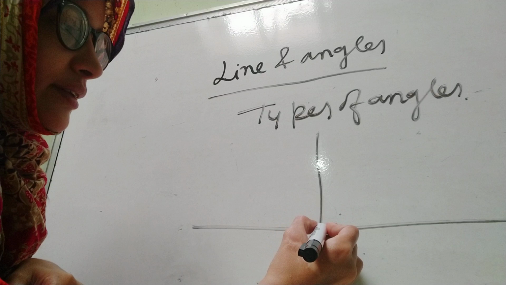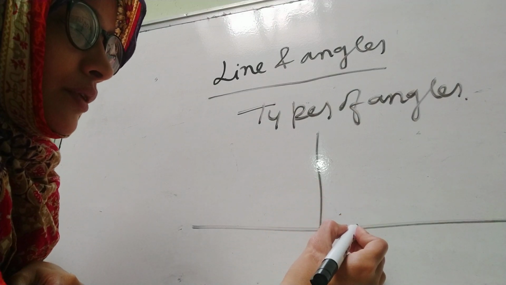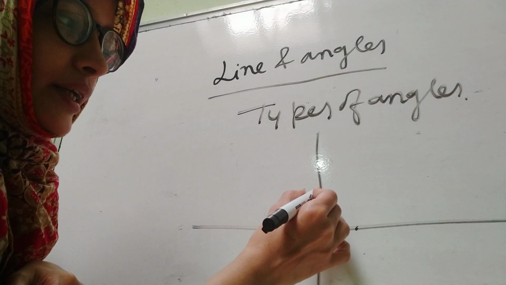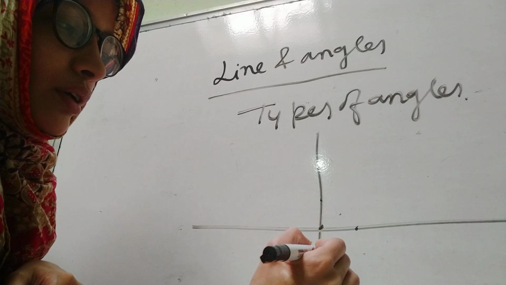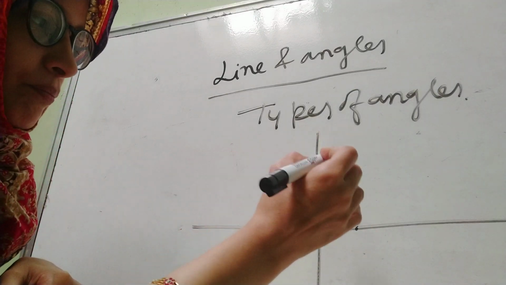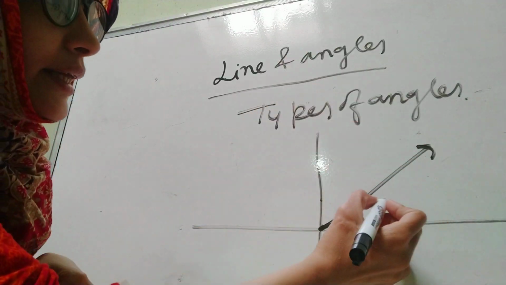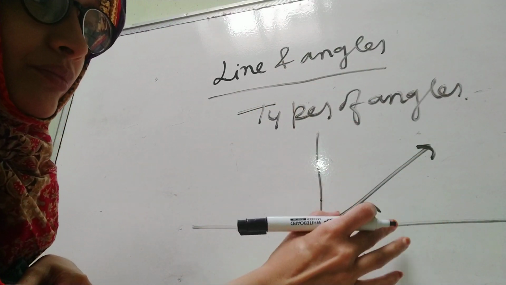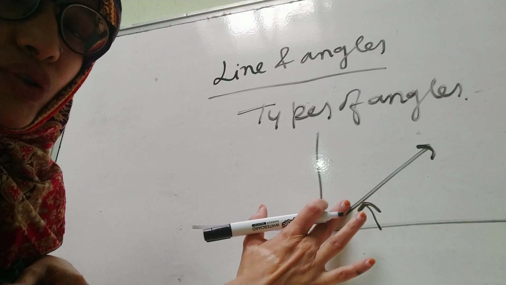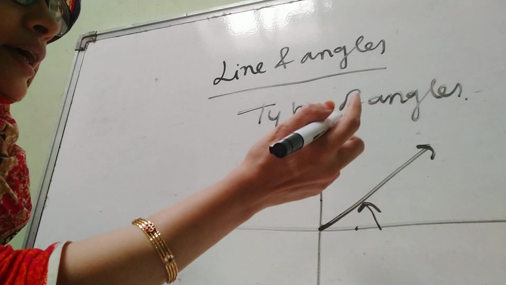These are the coordinate axes. This is the angle from 0 to 90, 90 to 180, 180 to 270, 270 to 360. So if your angle lies in the first quadrant, then it is known as an acute angle. Okay, if it is lying in the first quadrant, then it is known as an acute angle.